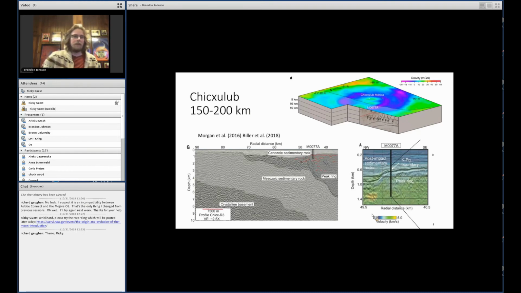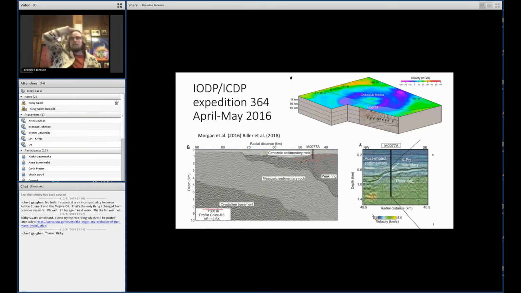And just recently, in April to May 2016, the IODP jointly with ICDP, the International Ocean Discovery Program and the International Continental Scientific Drilling Program, Expedition 364, drilled into the peak ring of Chicxulub.